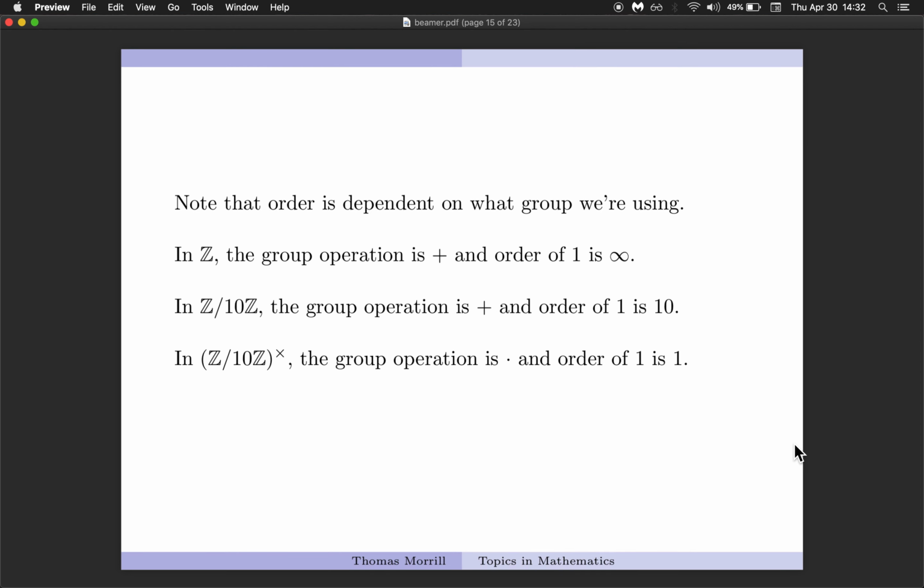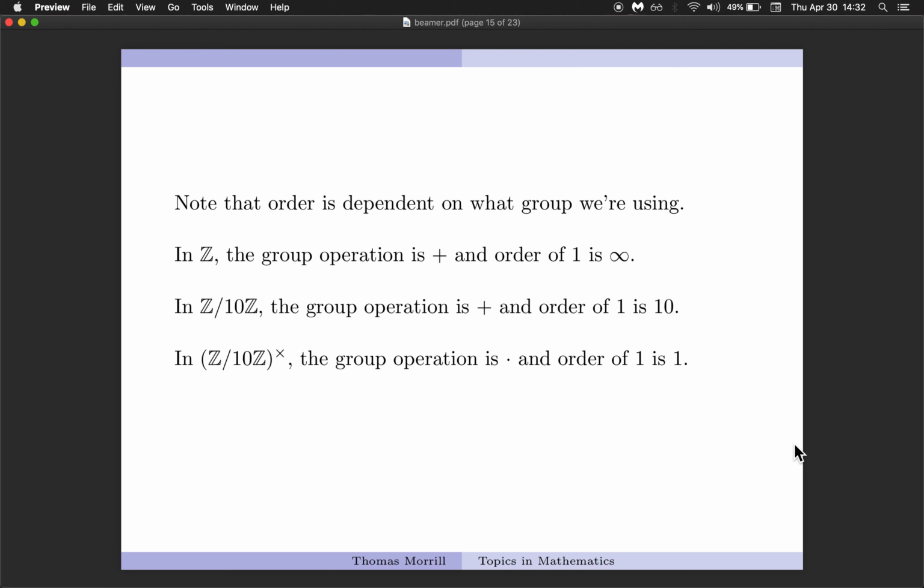One thing to be careful about is that the order that we get depends on what our context is. We could have different sets of elements, we could have different operations, and a lot of times those different elements behave differently depending on what we're doing with them.